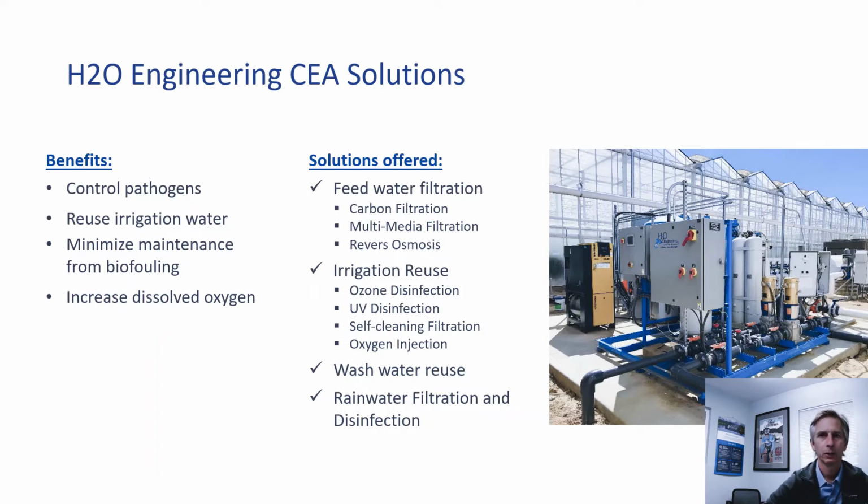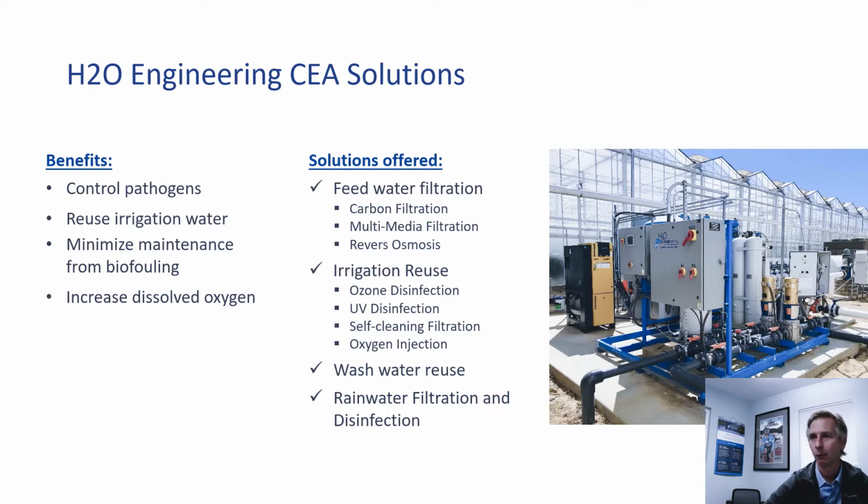With our systems, we can help control pathogens, help our customers reuse irrigation water, minimize maintenance that could be caused from biofouling incidents, and help our customers increase the dissolved oxygen in the irrigation water.